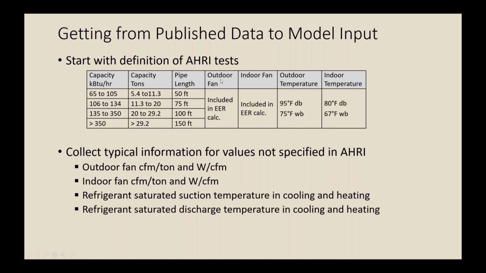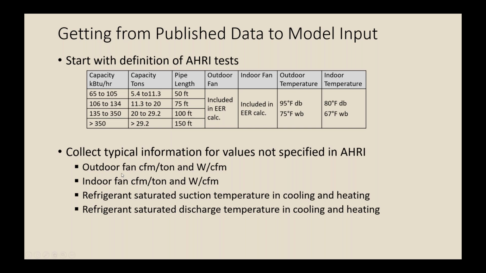And then it's good to know that the outdoor fan is included in the EER calculation. And as I mentioned earlier, the indoor fan power is included in the EER calculation. And then there are temperature set points for outdoor and indoor dry bulb and wet bulb. Then there's some information that's not specified in AHRI that you need to have an idea of reasonable values for.